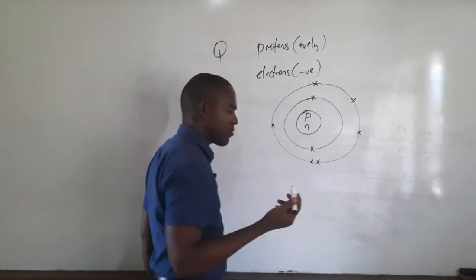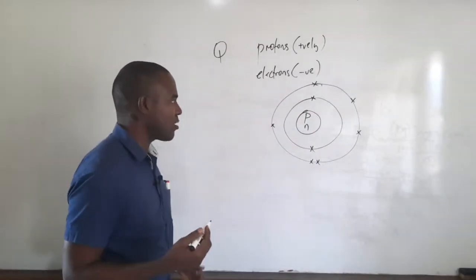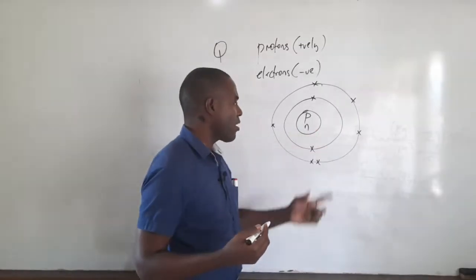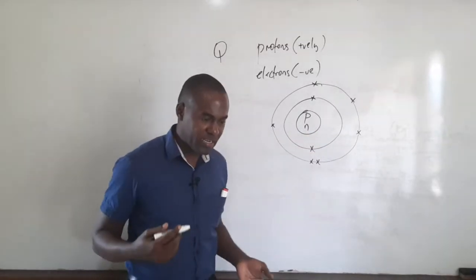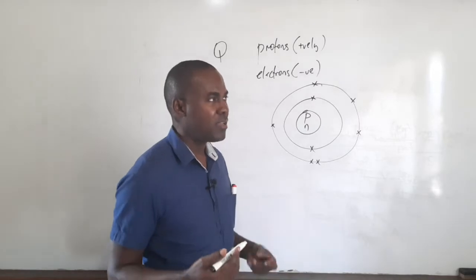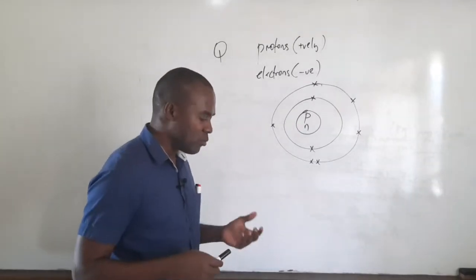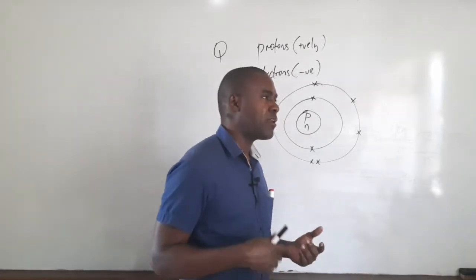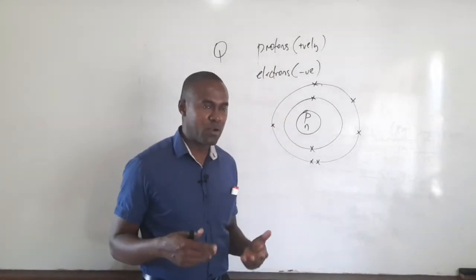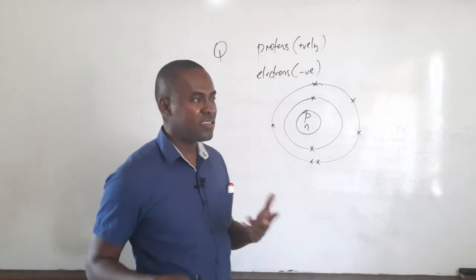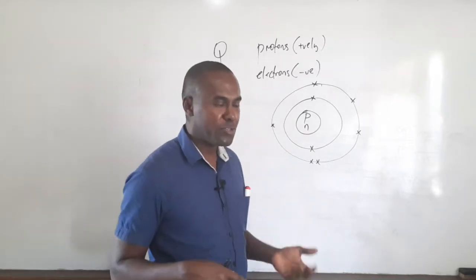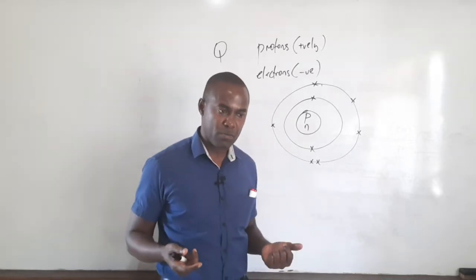Now the protons, of course, are positively charged and they are strongly bound within the nucleus of the atom, whereas the electrons are more loosely attached to the atom, and as a result they have the ability to move from one place within the atom, and they also have the ability to move from one atom to another. And it is this ability of electrons to move which causes bodies to become charged, right?